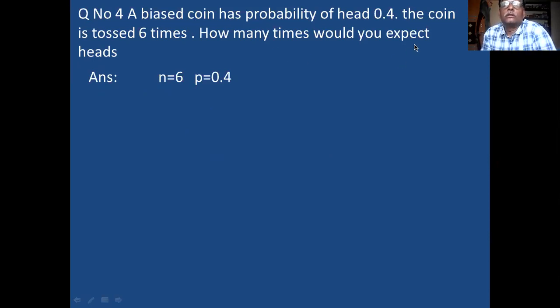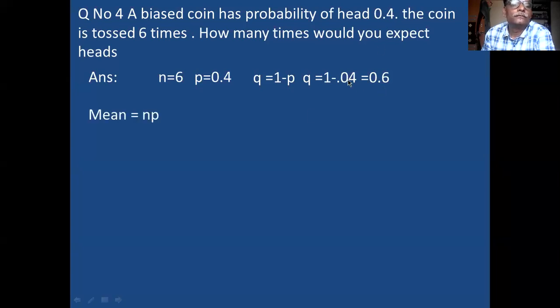Expectation means mean. What is the mean equation? np. So you have to calculate q. Q is 1 minus p, 1 minus 0.4, so 0.6 is the answer.